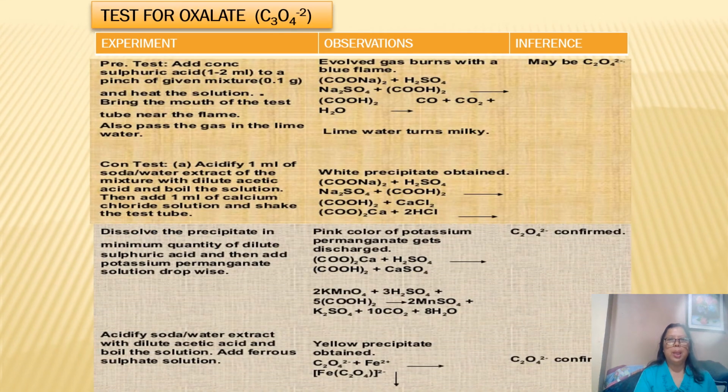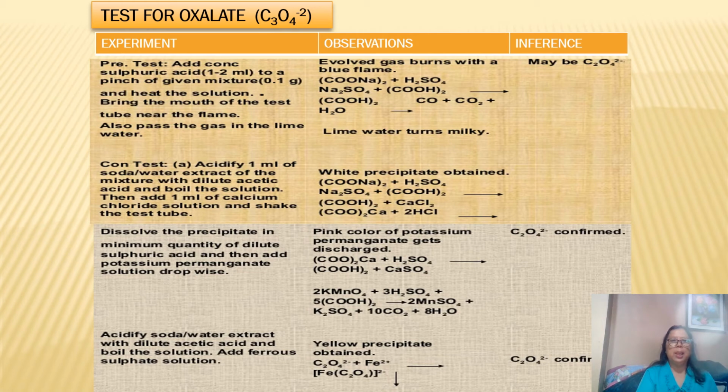And then for test of oxalate, after the addition of sulfuric acid, and then if you're going to subject this with a flame test and a blue flame is produced, then you can think whether that substance is positive with oxalate or not.